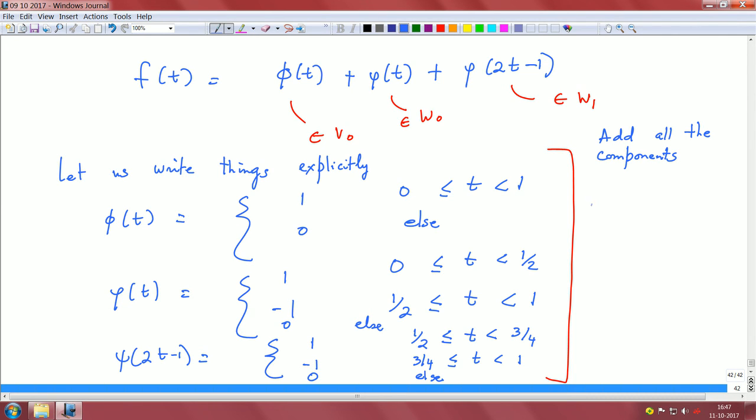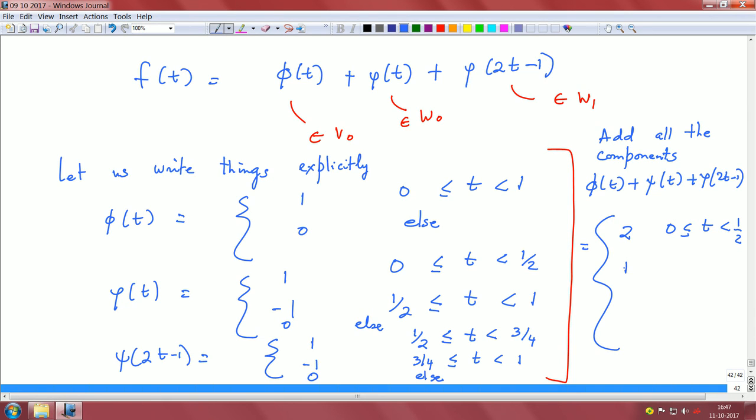So, what you get is this function. If you add all these using these ranges, this is basically 2 from 0 to 1 half.